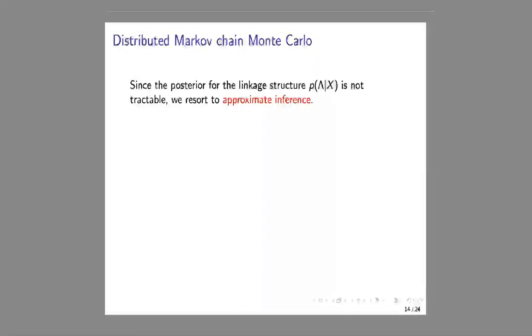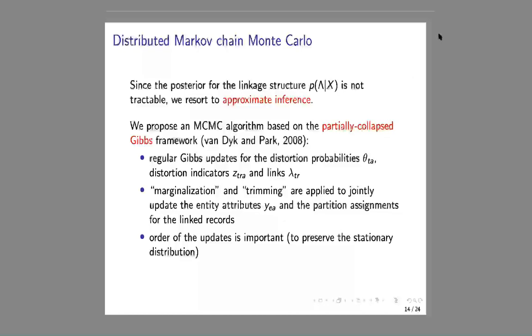So, of course, the posterior for the linkage structure is not tractable, so we're going to resort to approximate inference here. We're proposing an MCMC algorithm that's based on the partially collapsed Gibbs framework of Van Dyk and Park from 2008. We're going to use regular Gibbs updates for the distortion probabilities, which are the thetas, the distortion indicators, Z, and the links lambda.